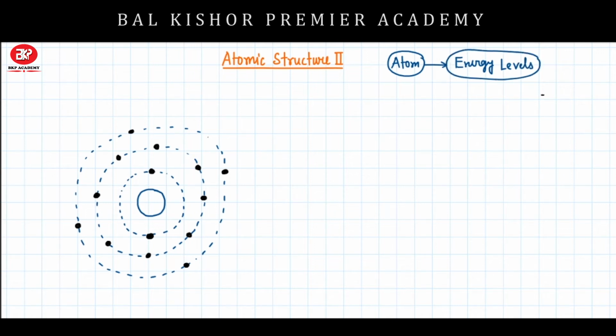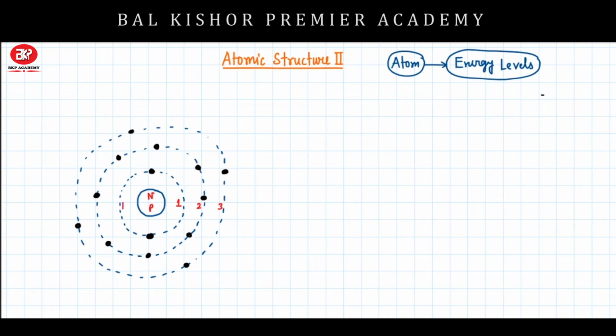In this picture you can see the energy levels. This is the nucleus where neutrons and protons reside, and these are the different energy levels. Generally the energy levels are denoted like this: first energy level, second, third.